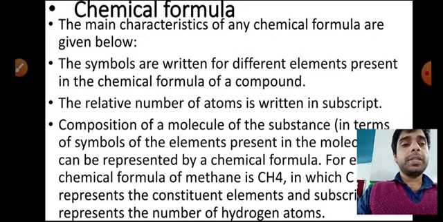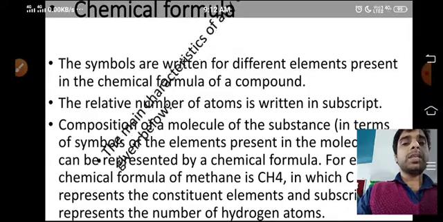Okay, so here you can see the first thing is the main characteristics of the chemical formula. First of all, symbols are written for the different elements present in the chemical formula of a compound.